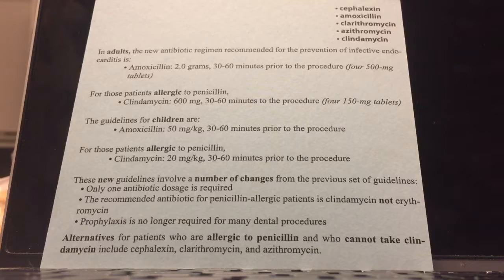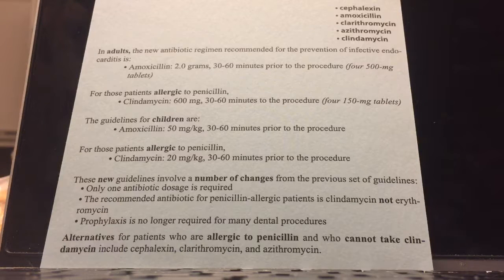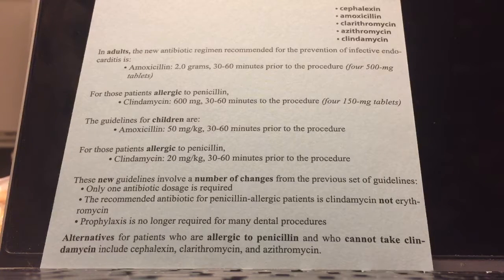In adults, the new antibiotic regime recommended for the prevention of infective endocarditis is amoxicillin 2.0 grams, 30 to 60 minutes prior to the procedure, which is about 4 tablets of 500 milligrams.